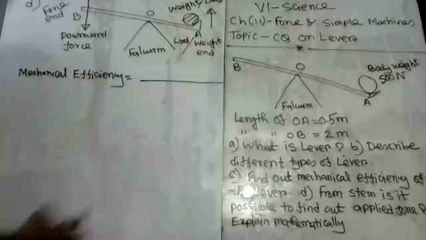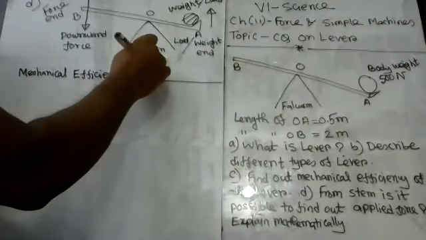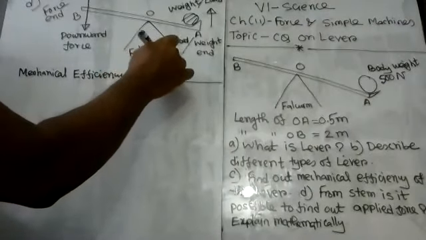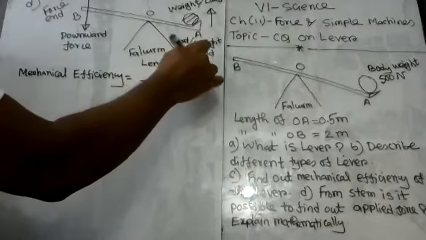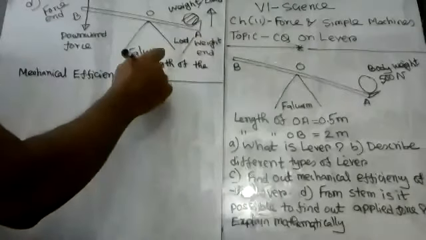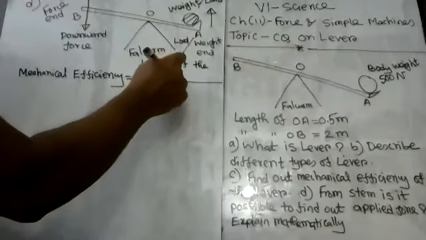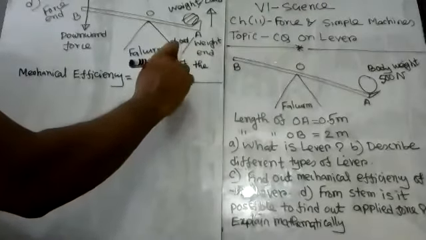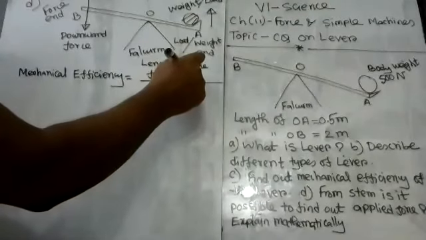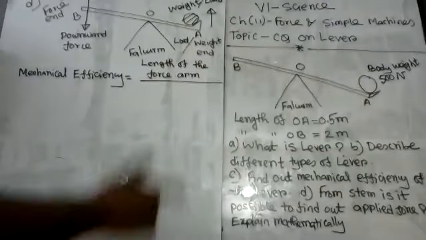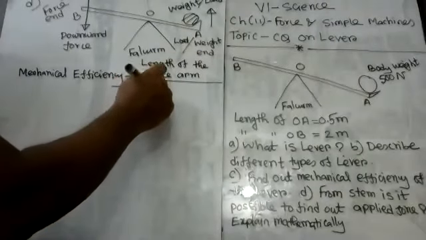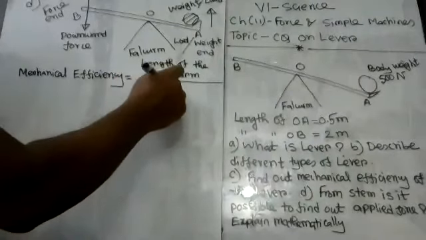Mechanical efficiency equal to the first formula, length of the force arm divided by length of the load arm. Okay, this is the first formula.